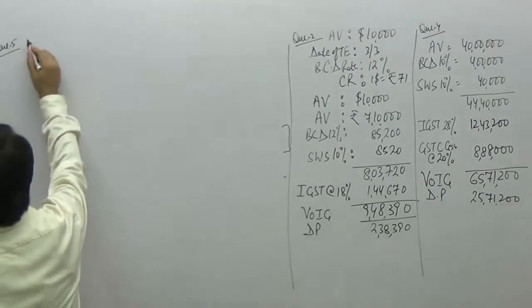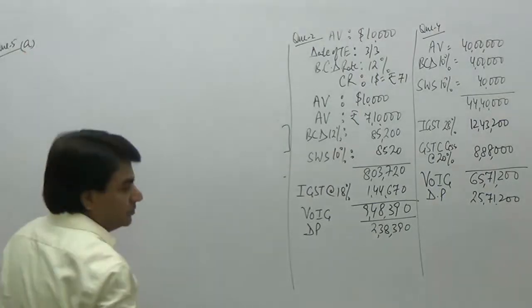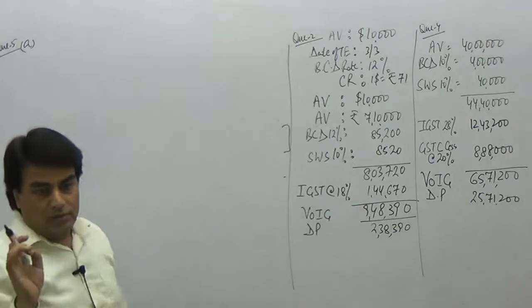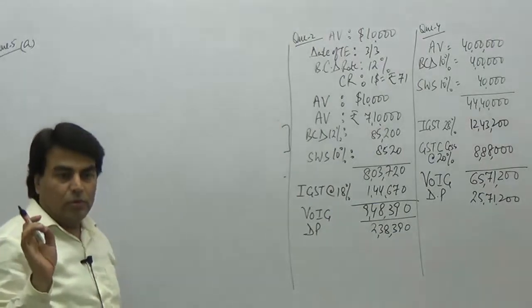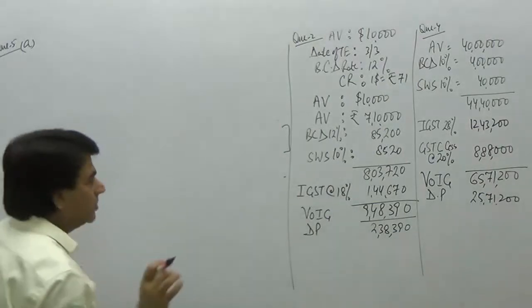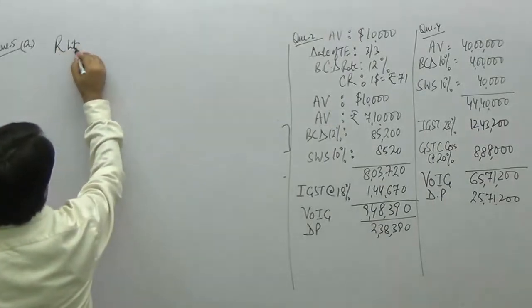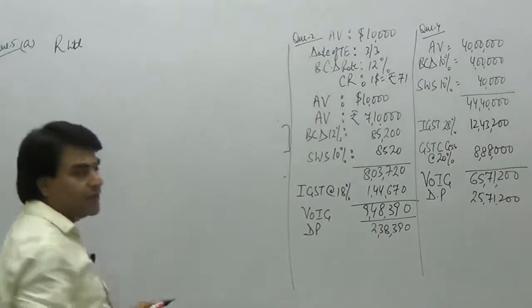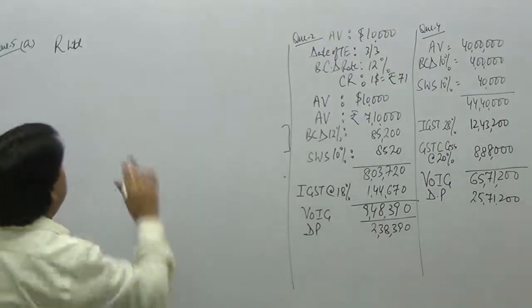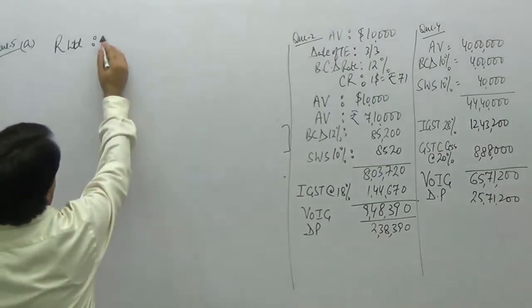Question number 5, A part. The import of this article by Rajesh Limited, I am writing it as R Limited, is 50 crores.